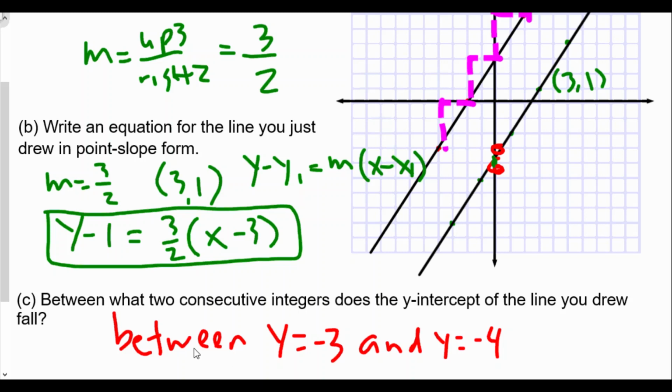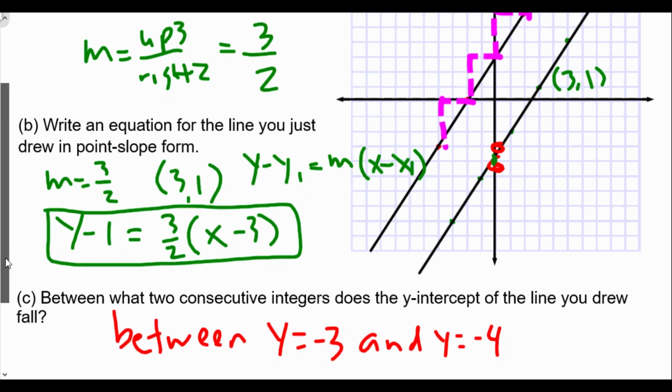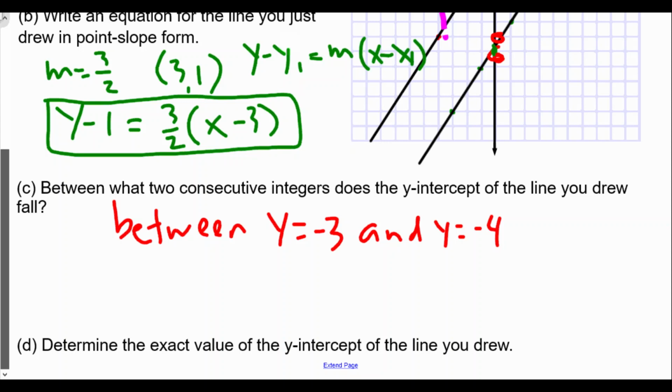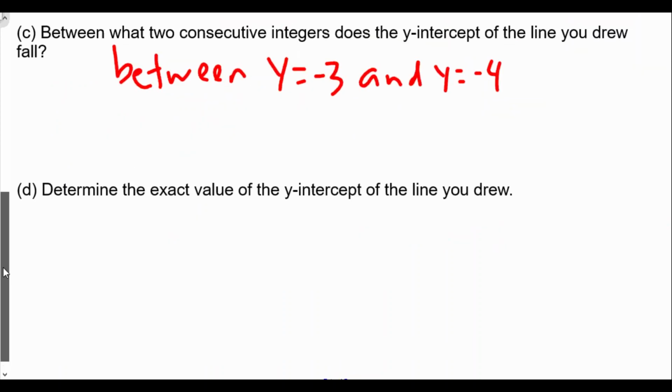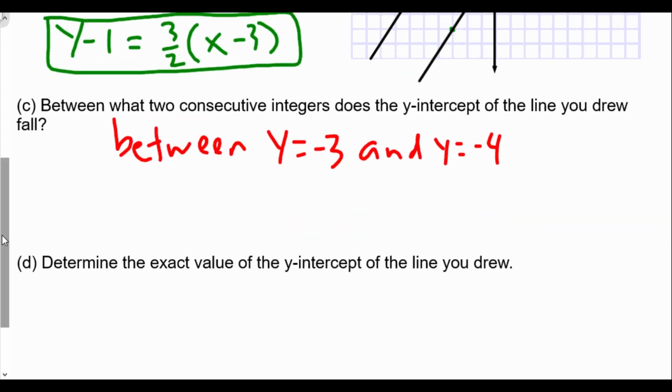And now, to see whether we got a good number falling between that, it says determine the exact value of the y-intercept drawn. So what we can do is convert our point slope form into our slope intercept form.